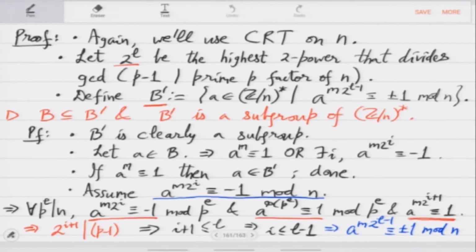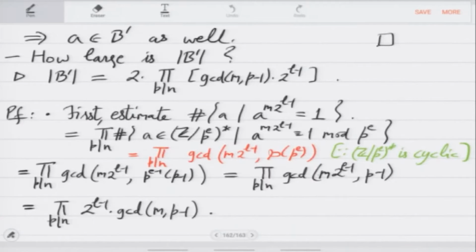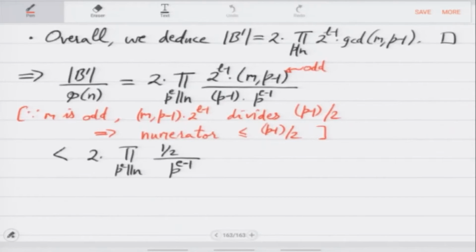We have shown this bound, which is related to basically GCD of m with p minus 1, and do this for all the primes that divide n. This is the size of B prime, and now look at the ratio of B prime over phi(n). So this ratio came out to be smaller than the product of half by p raised to e minus 1.